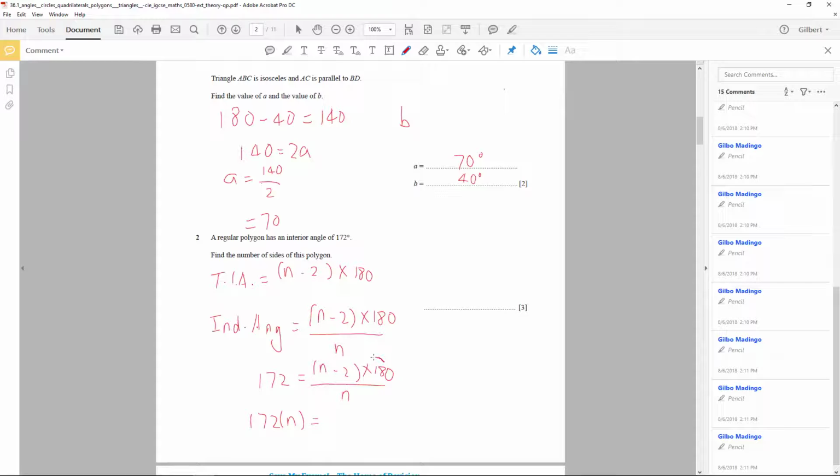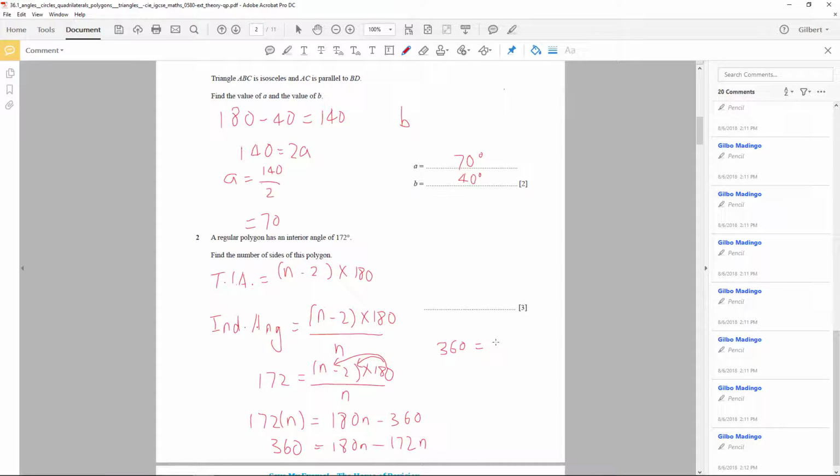When you open up this bracket, this times this and this times this, it is 180n minus 360. Now group up the similar terms. We will bring this over to this side, 180n minus 172n, bring 360 over to the other side, equals to 360.